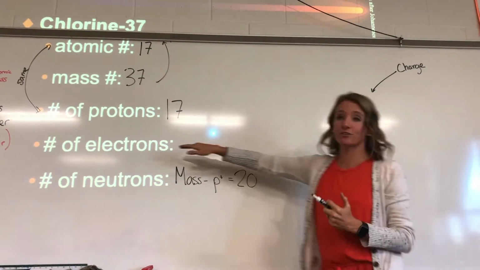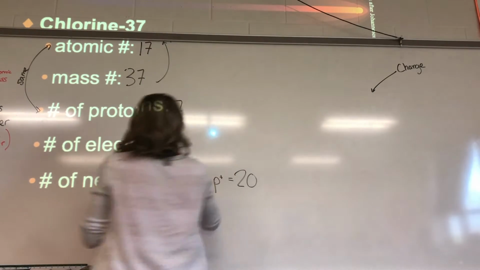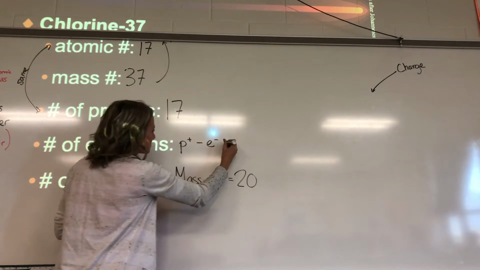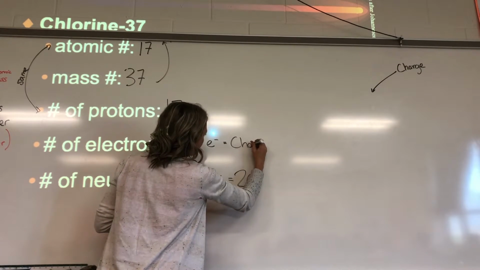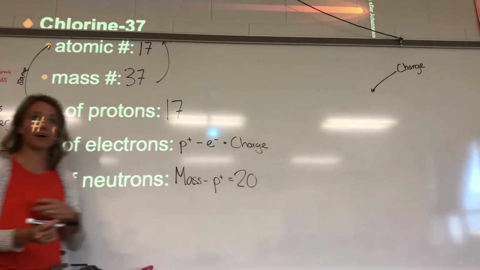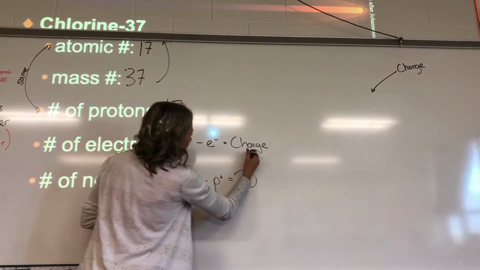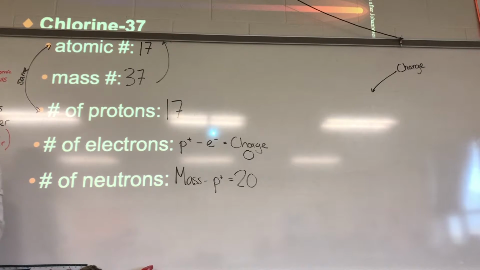Okay, now electrons, the equation that we have is that protons minus electrons will equal the charge of our isotope. Now, if nothing is listed, and I'll show you what it looks like when it is listed, the charge is just 0. So in this case, our charge is 0. 17 protons, so that means it has to be the same.